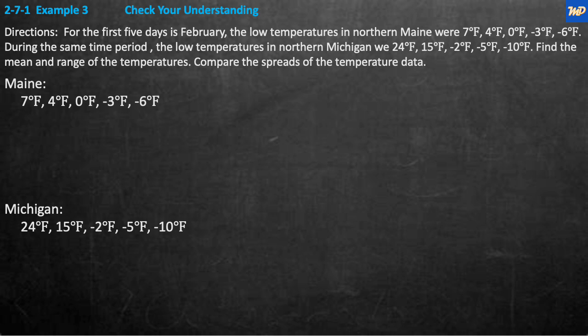During that same period of time, the low temperatures in northern Michigan were 24 degrees Fahrenheit, 15 degrees Fahrenheit, -2 degrees Fahrenheit, -5 degrees Fahrenheit, and -10 degrees Fahrenheit. Find the mean and the range of the temperatures and compare the spreads of the temperature data. So go ahead and stop the video, and when you come back, we'll do these together, okay?